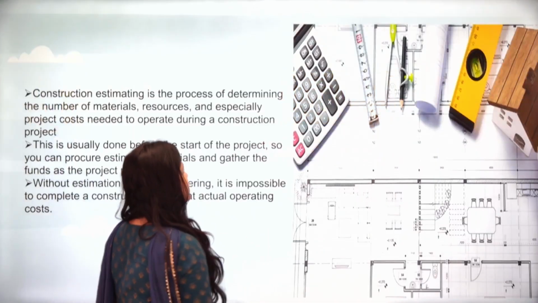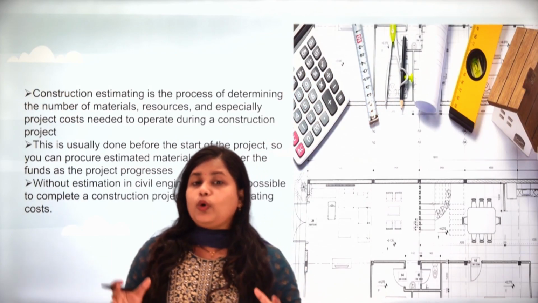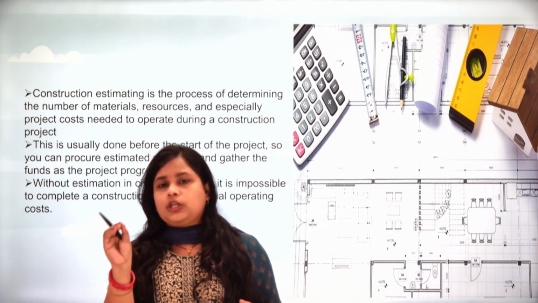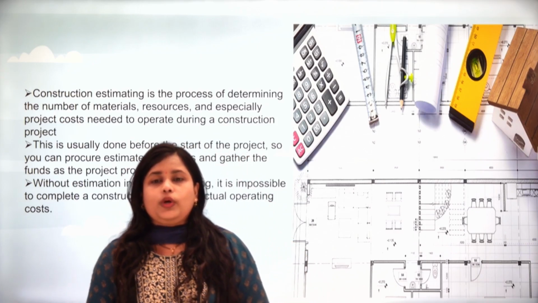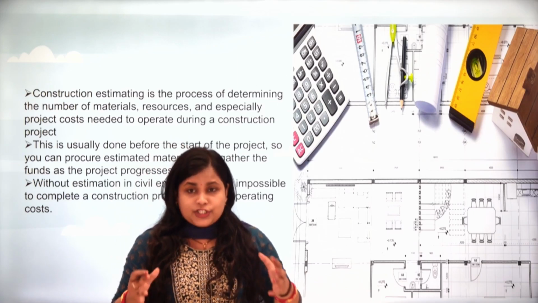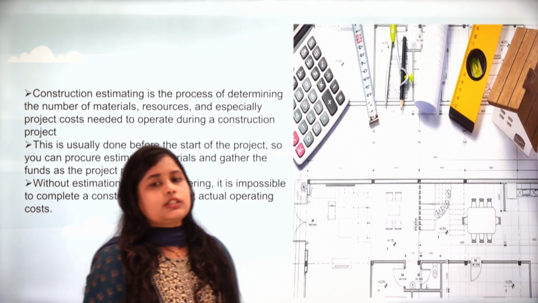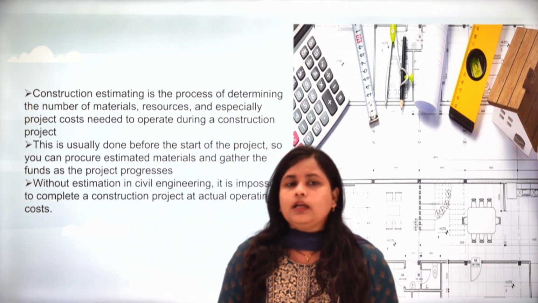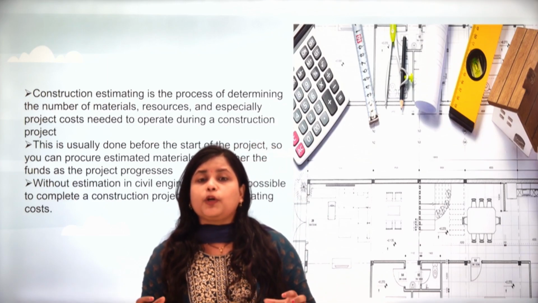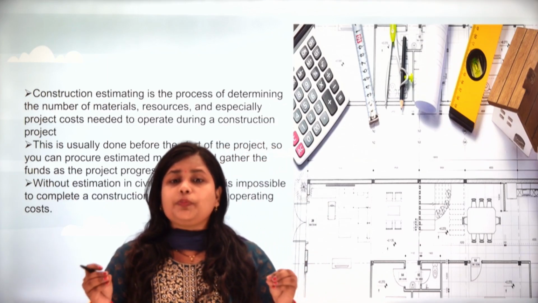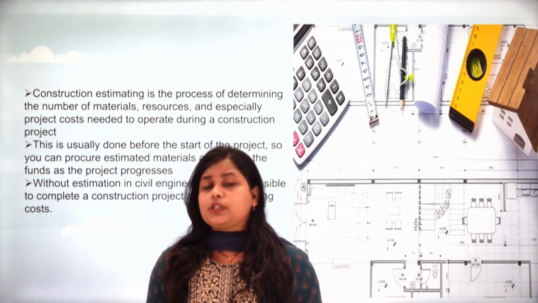Then the fifth point is construction estimating. What do you mean by construction estimating? We assume it, we estimate it, how much calculation, we give the dimensions, we calculate, we estimate. Construction estimating is the process of determining the number of materials, how many materials are needed here, and resources.